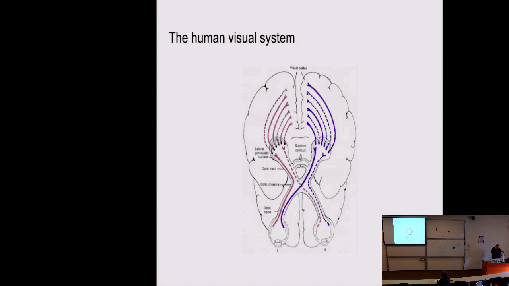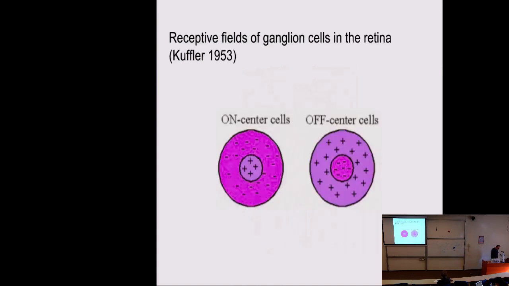Convolutional nets got their inspiration from the human visual system. When people stuck electrodes into cat brains, they realized the retina itself has a bunch of different types of cells. One of these cells that integrate information is called the ganglion cells.